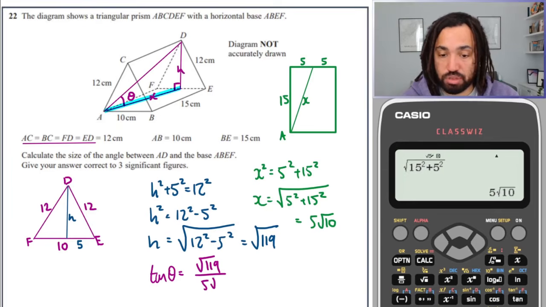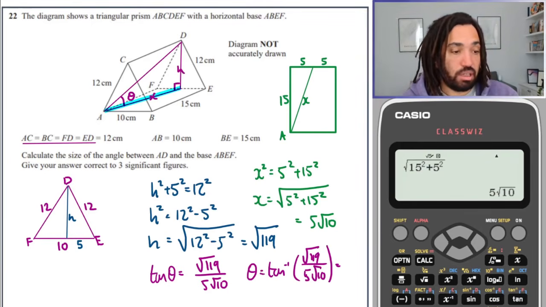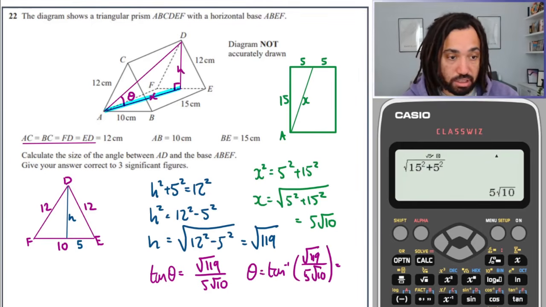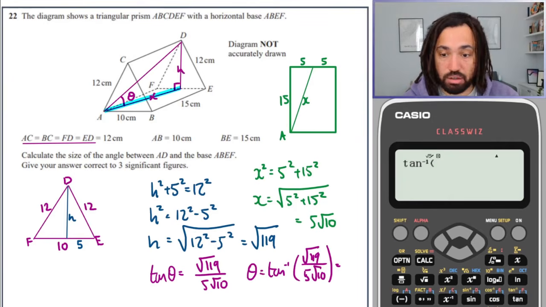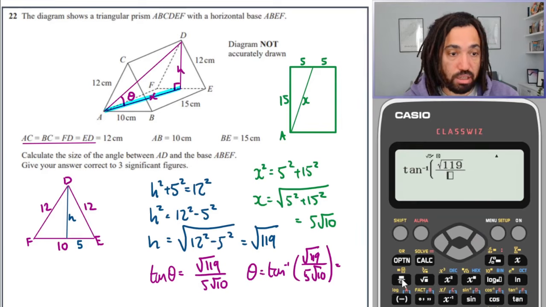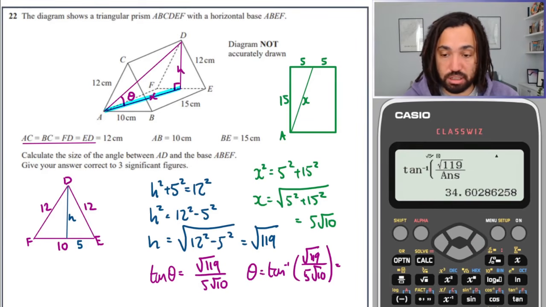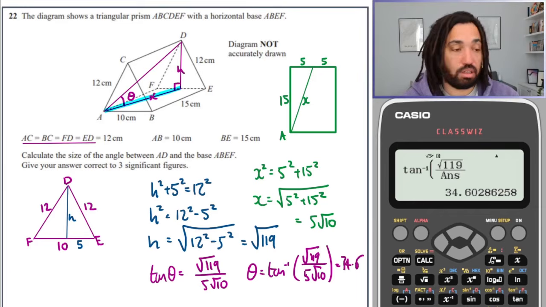So that's root 119 over 5 root 10. So we just need to do the inverse of that to get our final answer, and we'll just do that on our calculator. So inverse tan of root 119 over the previous answer, and we get 34.6. Beautiful.